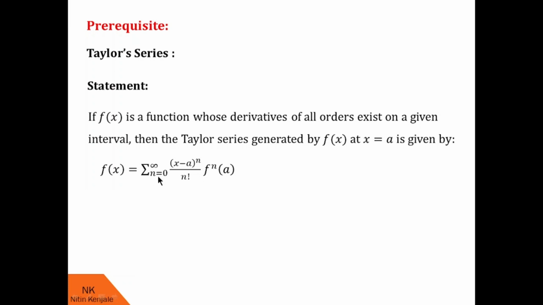When we substitute values of n one by one into this, we get the Taylor series of f of x as f of a plus (x minus a) into f dash of a plus (x minus a) square upon 2 factorial into f double dash of a, and so on.